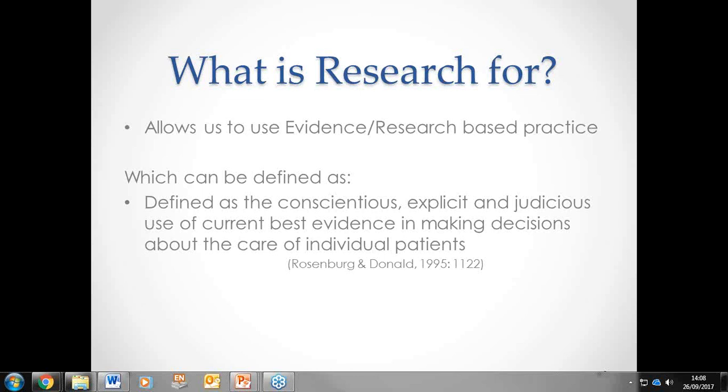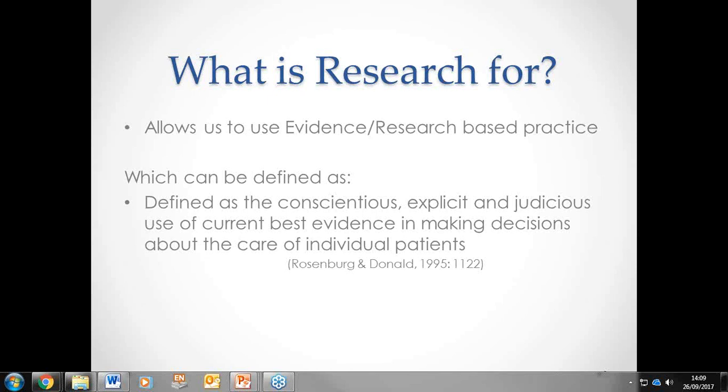So often we use the statement evidence-based or research-informed. There is an enormous collection of evidence out there. There are specific pieces of research. So research is a far more defined process. Evidence is far broader. So when I'm talking about research, I'm talking about something very specific.